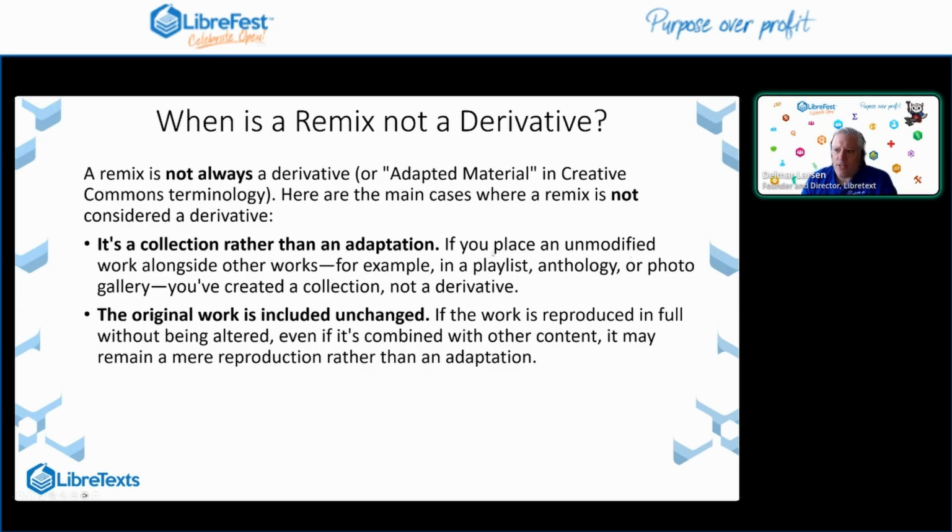If you place an unmodified work along with other works, for example in ethnology, you've generated a collection, not a derivative. This is quite important because LibreText really pushes this, but it's complicated. You can take content and put it together, and if you don't modify it, it technically becomes a collection.